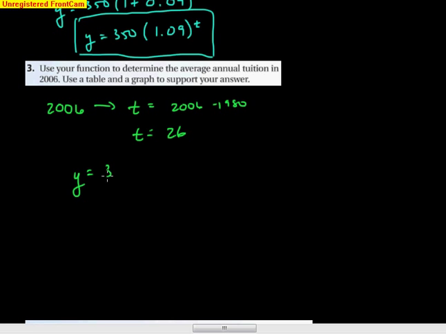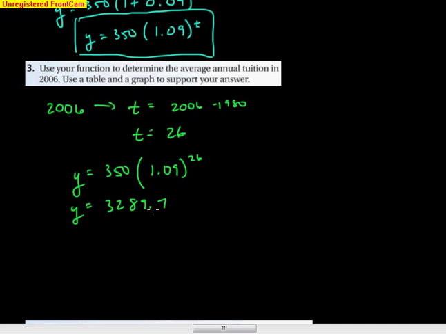And that's what I plug in. y equals 350 times 1.09 raised to the 26th. And this will come out to be a number, and that number is 3289. And we're just going to round to the nearest whole number because they don't do decimals in college when it comes to tuition. Just nice numbers.